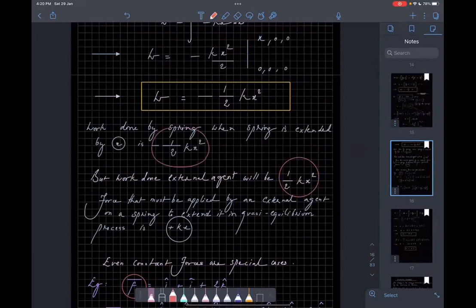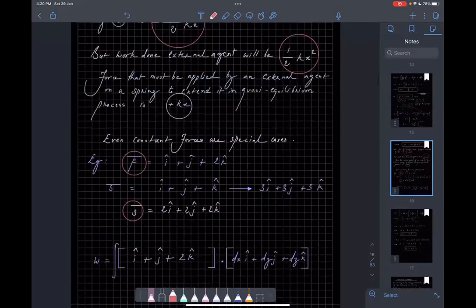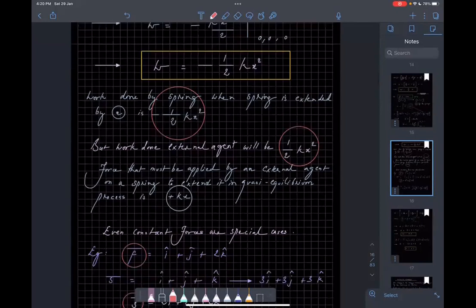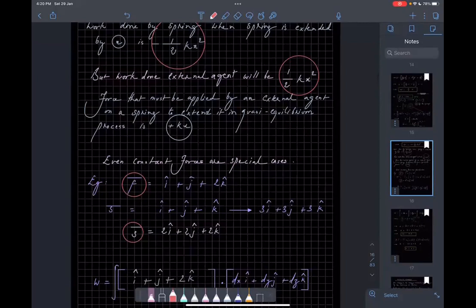So work done by the external agent is the change in potential energy. The potential energy stored in the spring is also half kx square, right? And what is the net work done? It is 0. That's why kinetic energy is 0 when you extend the spring to its extreme position. Clear?